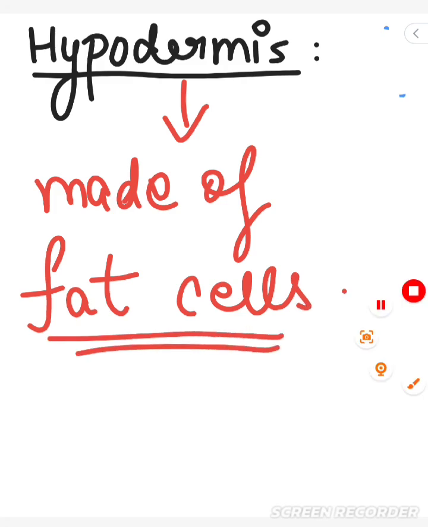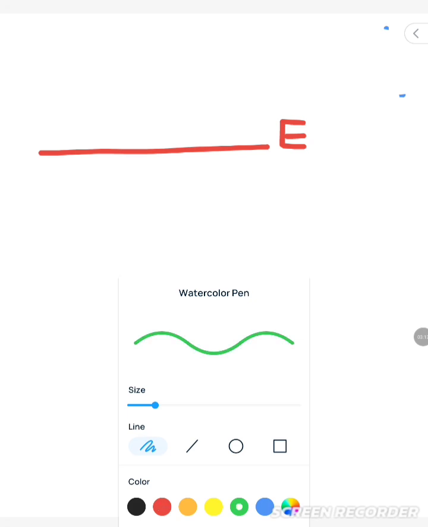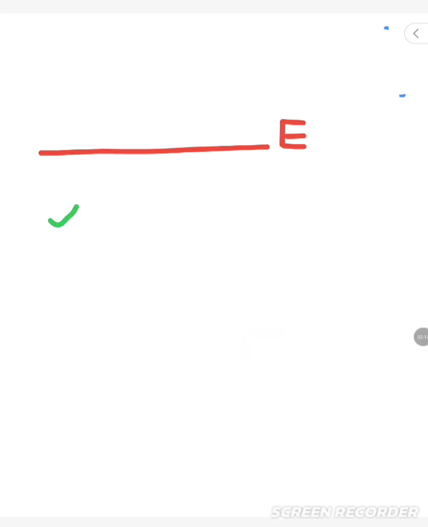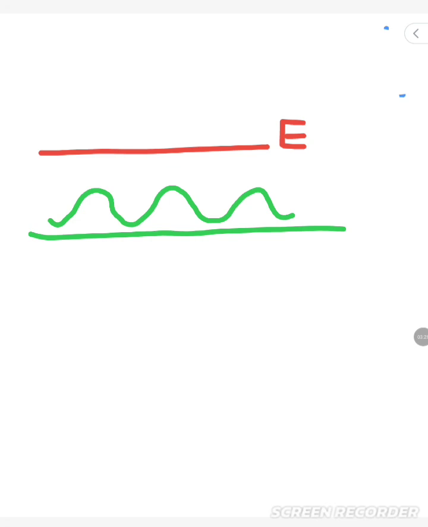So quickly we will revise the layers of the skin. The very first outer layer we have is epidermis, and the junction, it is like this. Now this basement membrane looks like this. Below that basement membrane you have dermis.